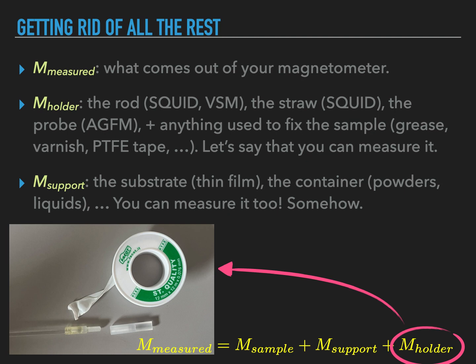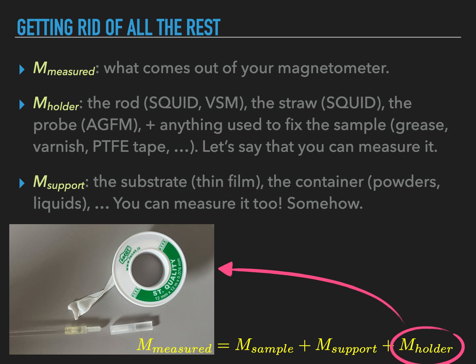And then there's the holder. The holder, in the case of a VSM, is the quartz rod that you can see in the picture in the bottom left. But not only the quartz rod, also the plastic part that is screwed into the quartz rod to hold the sample, in fact. And also, for example, the PTFE tape used to hold the sample in place.